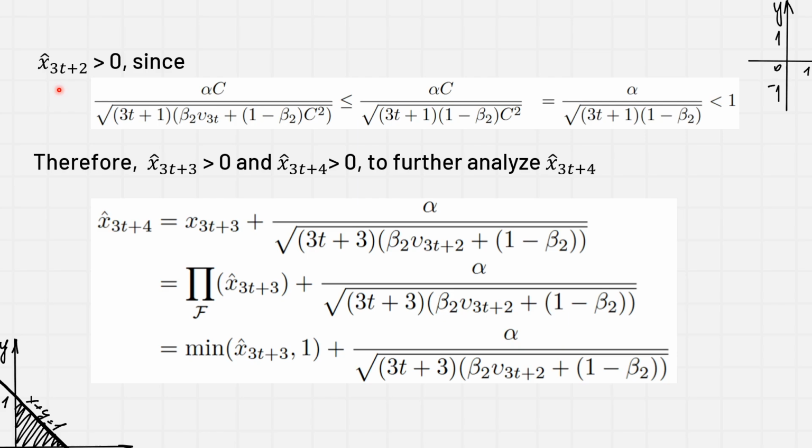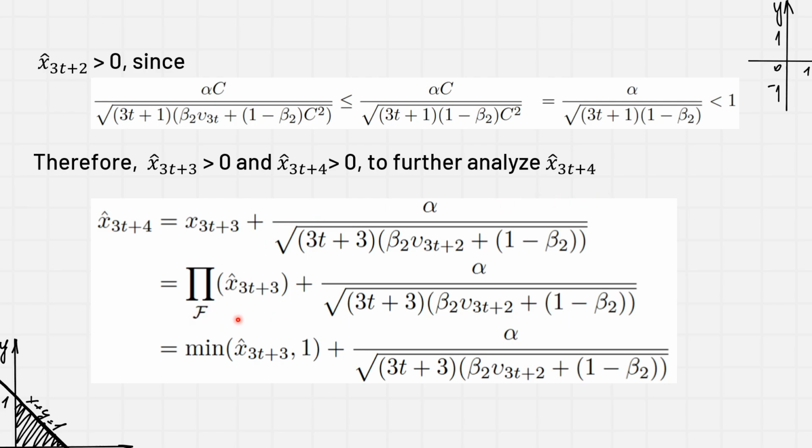Next, we observe that x-hat_{3t+2} is greater than 0, because it is equal to 1 minus this term, and this term is less than 1. We can also deduce that x-hat_{3t+3} and x-hat_{3t+4} are also greater than 0. Then we further analyze x-hat_{3t+4}.